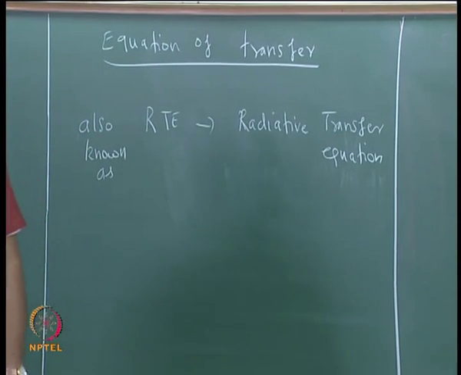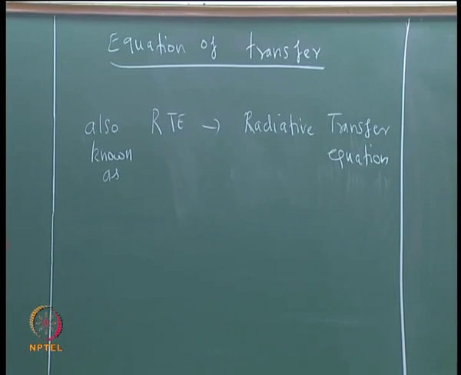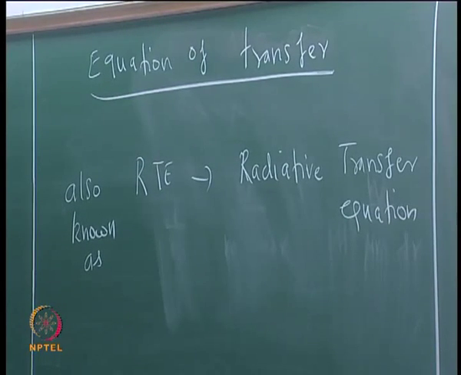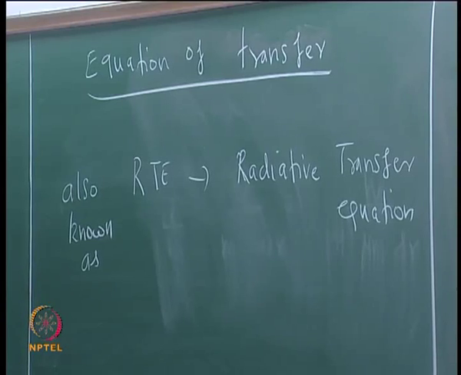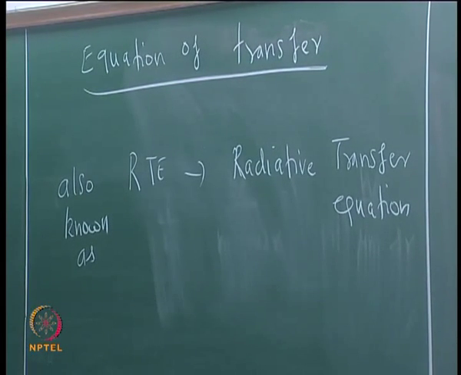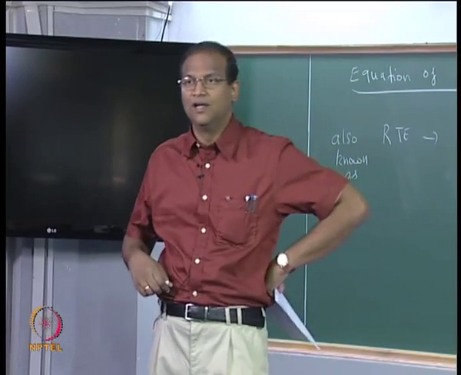S. Chandrasekhar is credited with this mathematical development associated with the equation of transfer, and it's a brilliant book. It's very difficult to follow beyond the first 10 pages. It is there in the library. His mathematical level is so high.